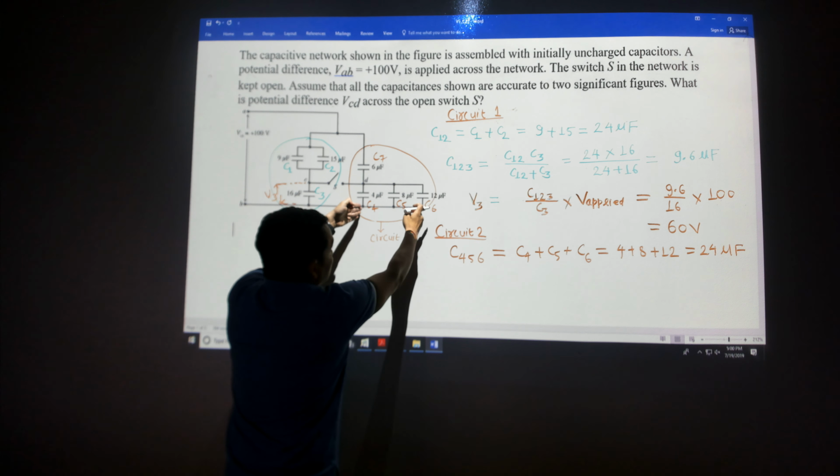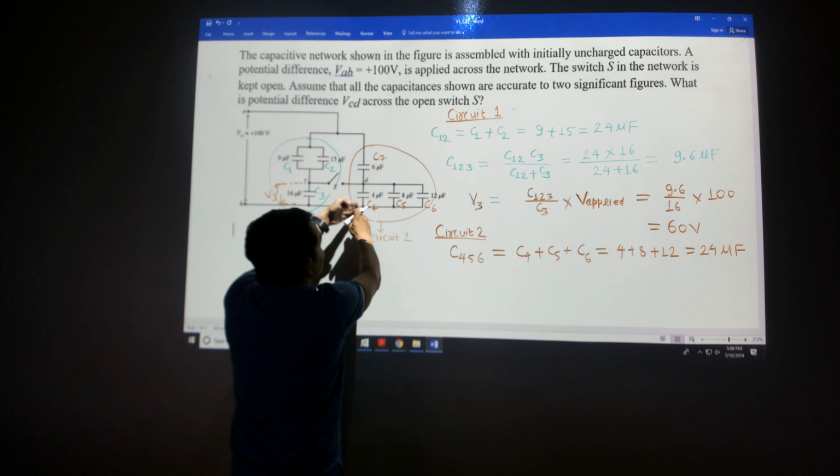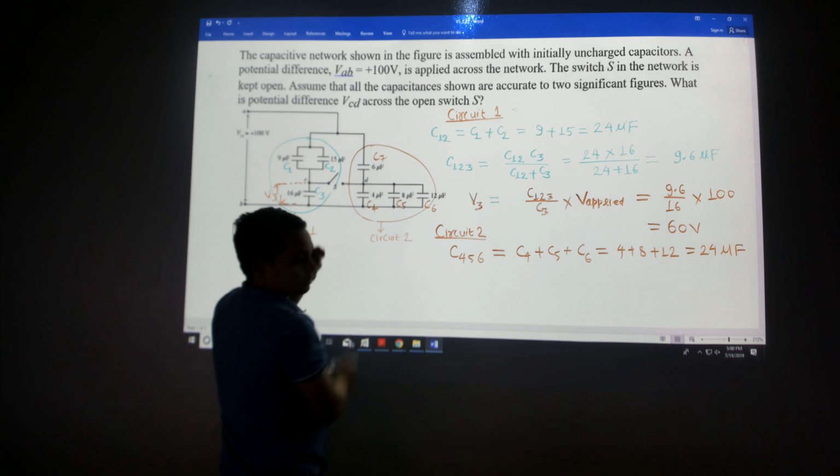And now all these capacitors together are in series with C7.